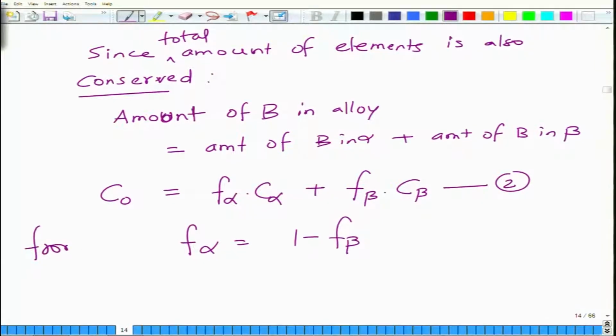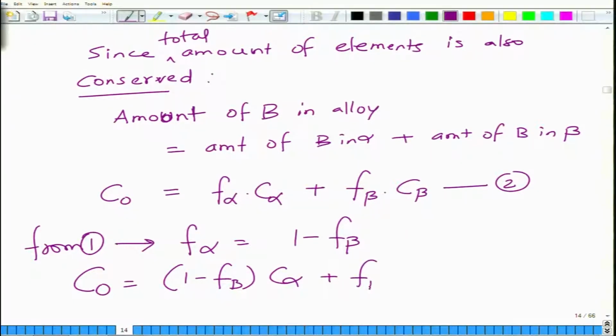From the first equation, you can write this as a result. So, you can write C naught is equal to (1 minus F beta) into C alpha plus F beta into C beta. You have to rearrange it in such a fashion so that you can determine F beta.